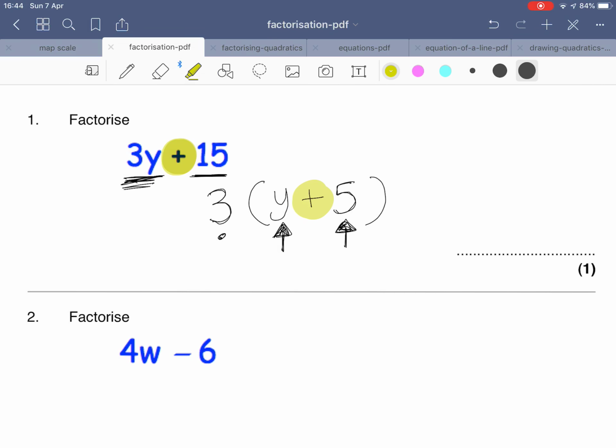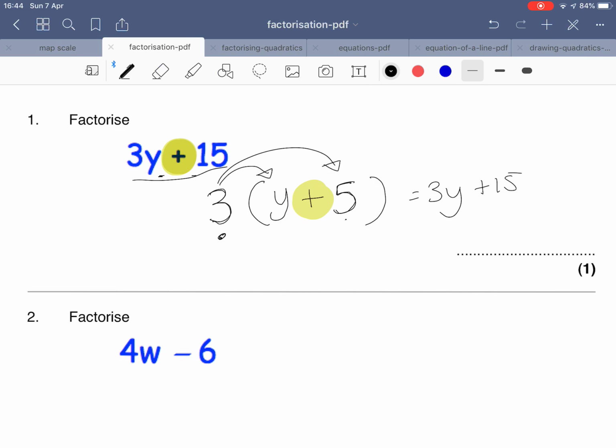So if I was to expand this now, I would do 3 times y gives me 3y, and 3 times 5 gives me 15. And I've got back to my answer, so I know I've done it correctly. So that is my answer, 3 on the outside and y plus 5 on the inside.